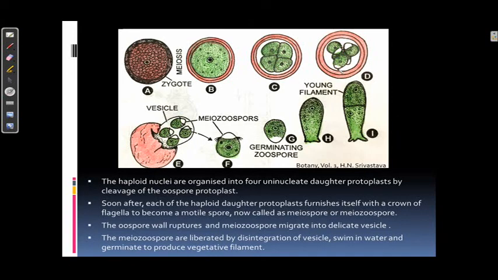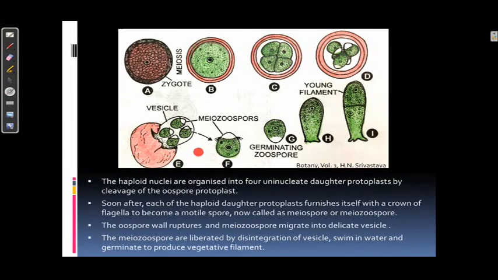Now these spores are known as meiospores or meiozoospores. Here we are using the word meio because these spores have been formed after the reductional division, after the meiotic division. Once the spores are formed, these spores are haploid. We have 4 spores which are haploid.